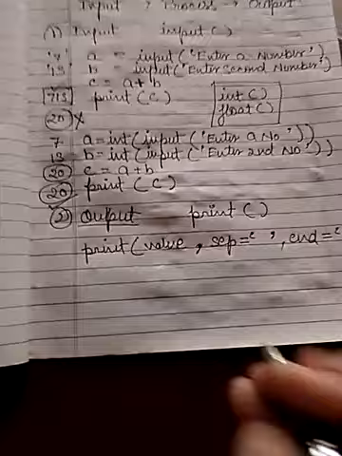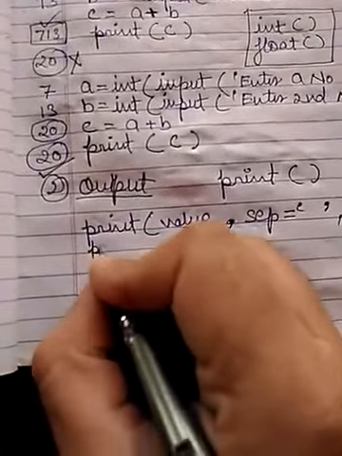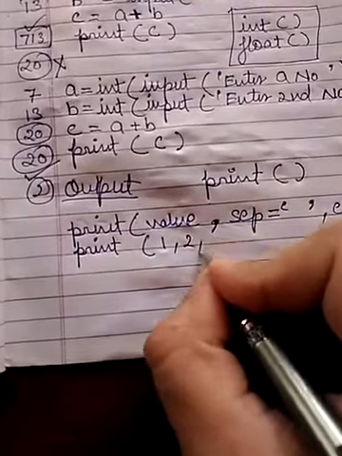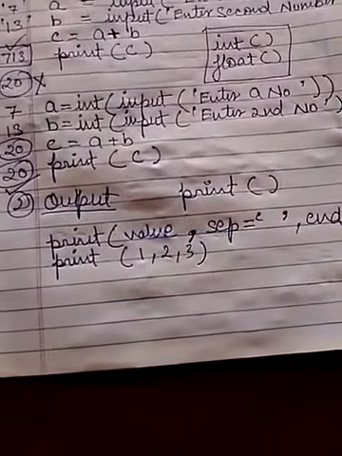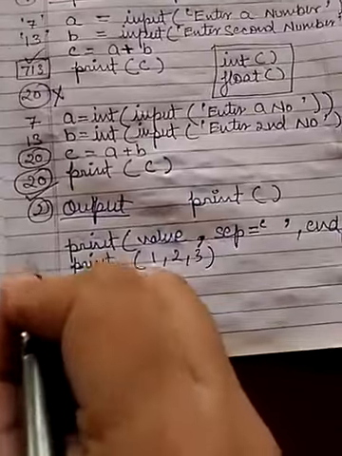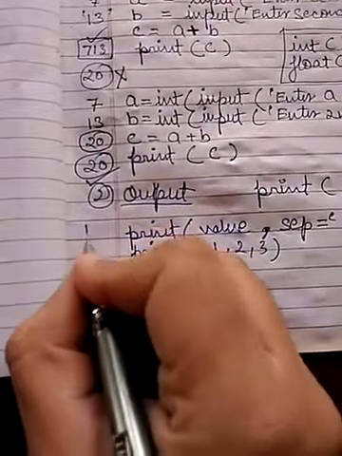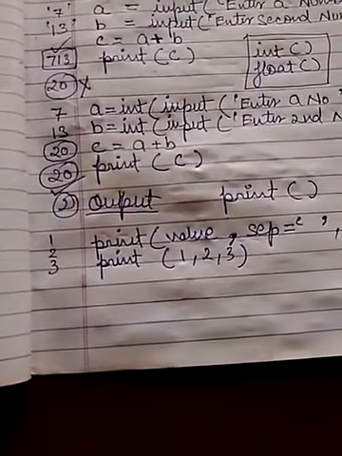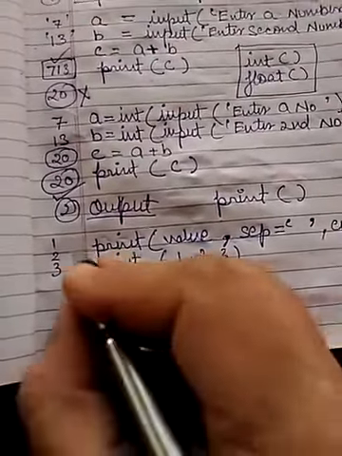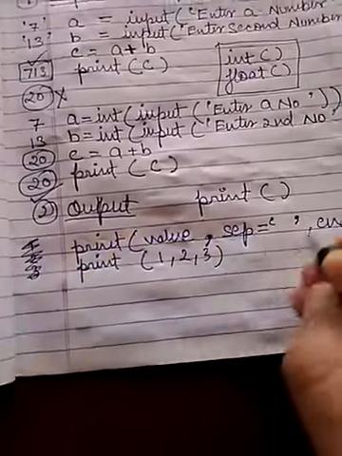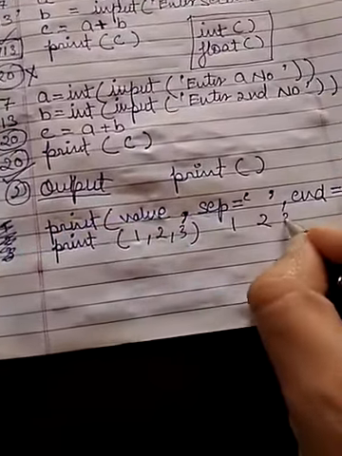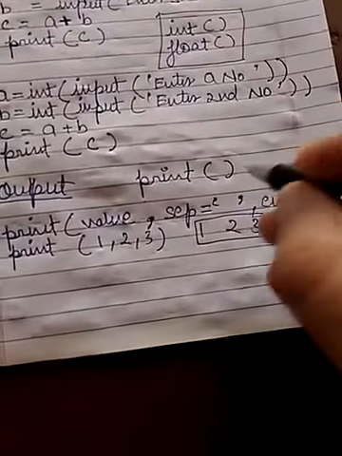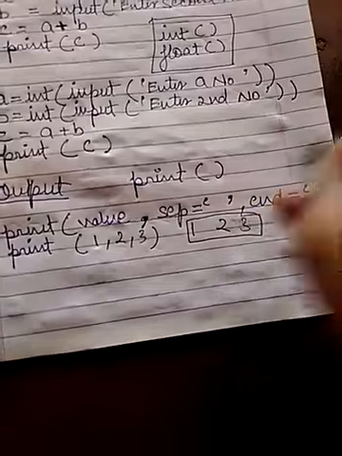Let's see how. Suppose I write print 1, 2, 3, then the output will be 1 2 3. Sorry, correction. The output will be 1 2 3, because by default the separator is space.